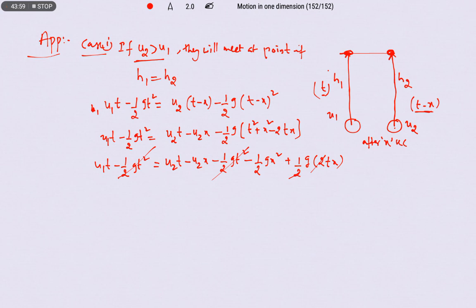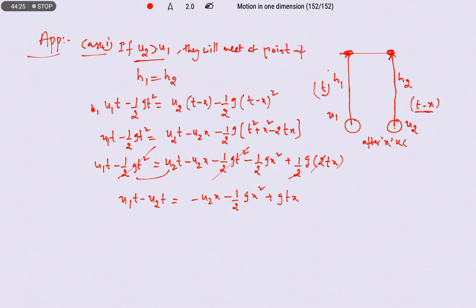Therefore what is left? We can write this as u1 t, I am shifting u2 t to the left side, so u1 t minus u2 t is equal to minus u2 x minus half g x square plus g t x we are going to get here, right?